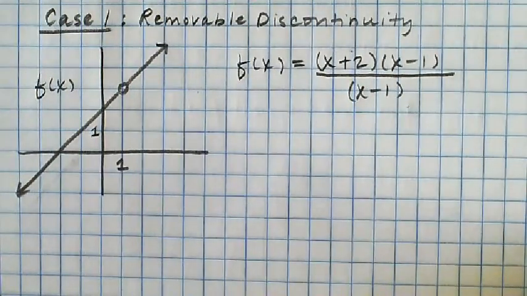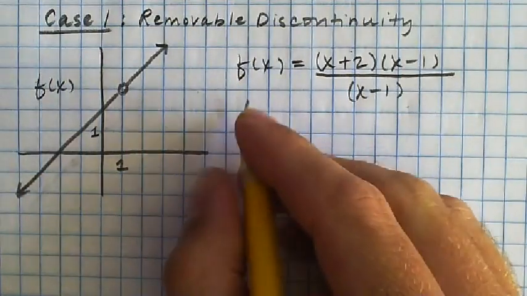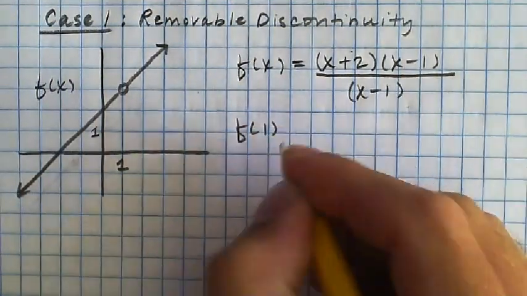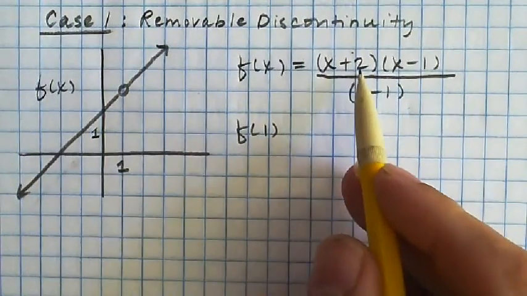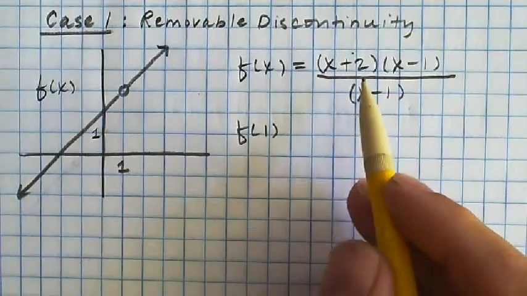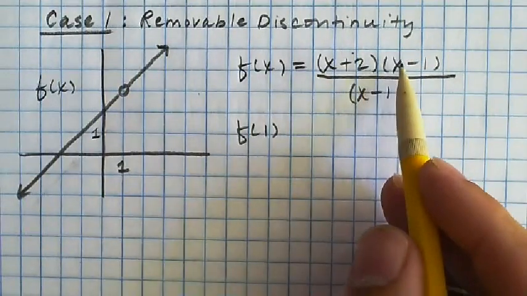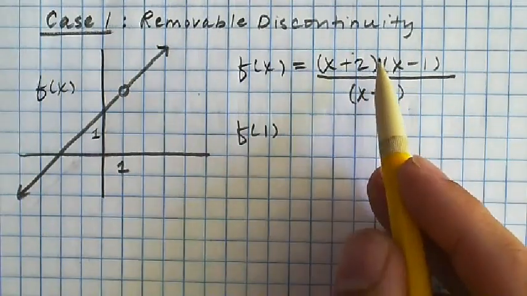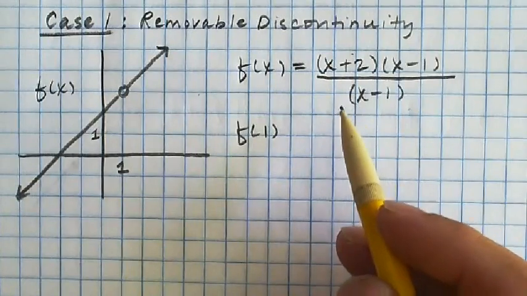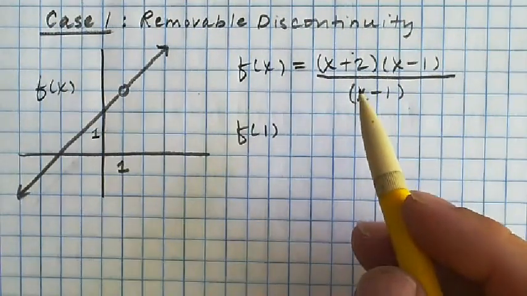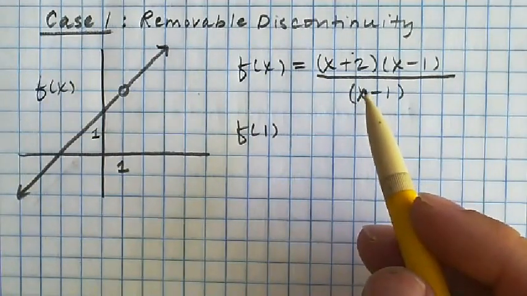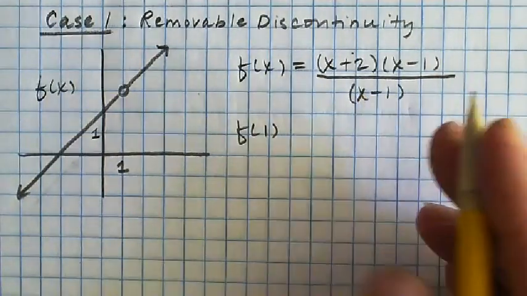Okay? Now, f of 1, if I tried to plug in 1 into the formula I have for f, I'd get 3 times 0 divided by 0. Well, that's 0 divided by 0, and what they probably told you in your pre-calculus class is that 0 over 0 is not equal to 1, it's not equal to 0, it's not equal to any real number, it's undefined, right?